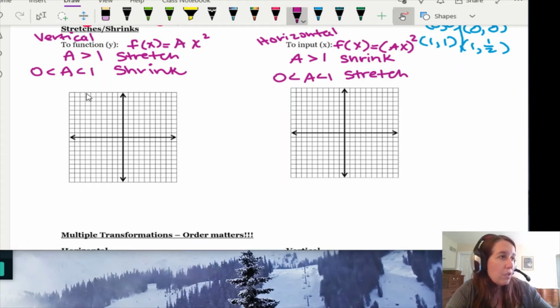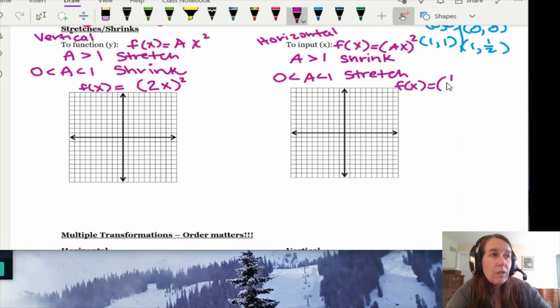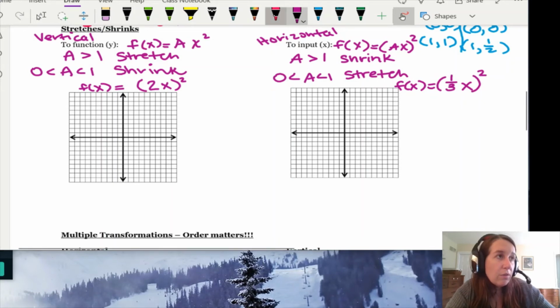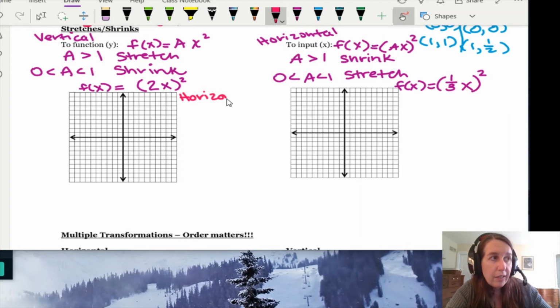Let's do f of x equal to parentheses 2x parentheses squared. And then this one, we will make f of x equal to parentheses 1/3 x parentheses squared. So these are both going to be horizontal because they're happening in the parentheses.